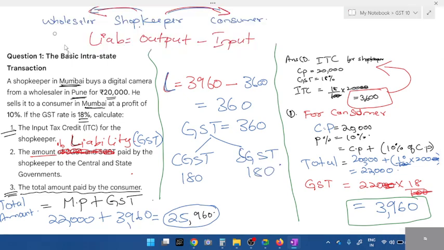Now I'll erase this question. This is the answer you get. So it is basically a liability question. Instead of giving the word liability, they have given CGST and SGST. So he's paid rupees 180 and 180: 180 to the central, 180 to the state. This is the liability concept.